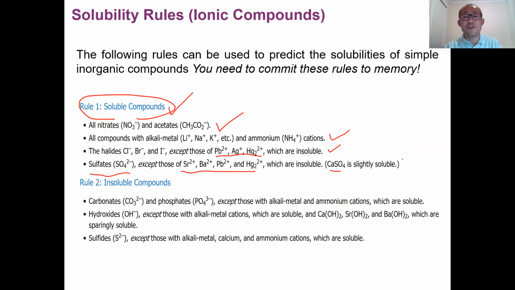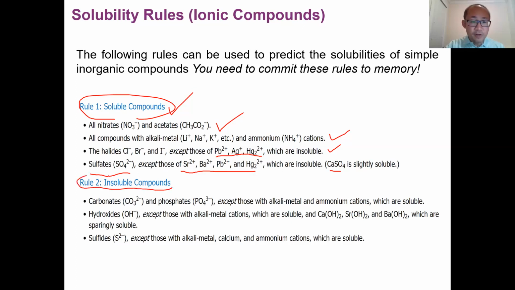The exceptions for sulfates are strontium, barium, lead, and mercury. So that is the group of soluble ionic compounds in the first part. Again, chlorides, bromides, iodides, and sulfates have exceptions. The first two, nitrate and acetate, and lithium, sodium, potassium, ammonium, don't have exceptions.